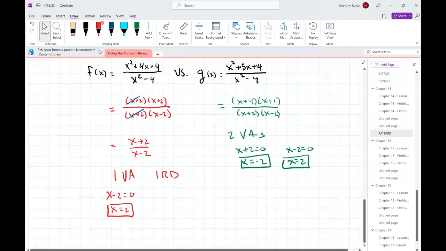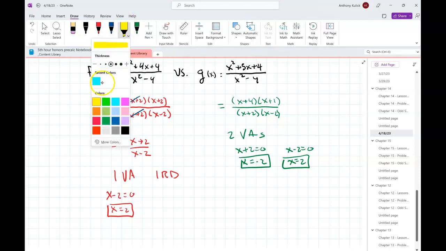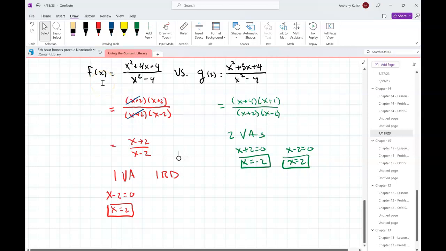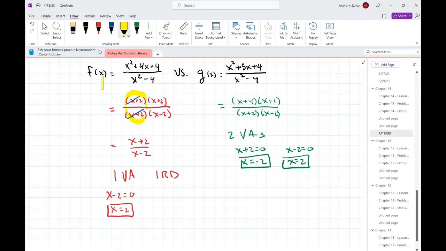Well, how am I going to find the location of the removable discontinuity? I'm going to take the piece that I reduced out, that I removed from the problem, and I set that equal to 0.